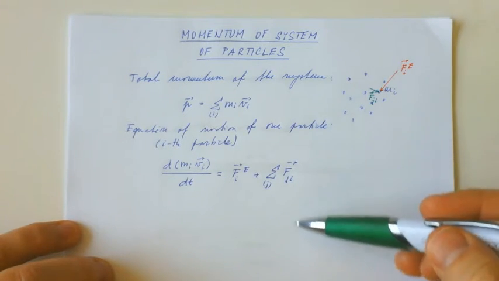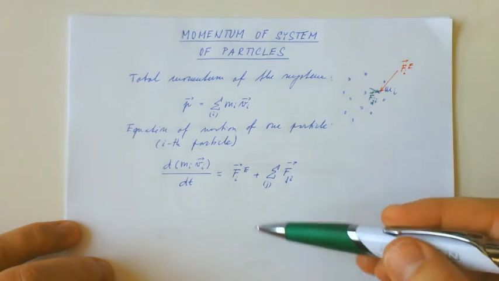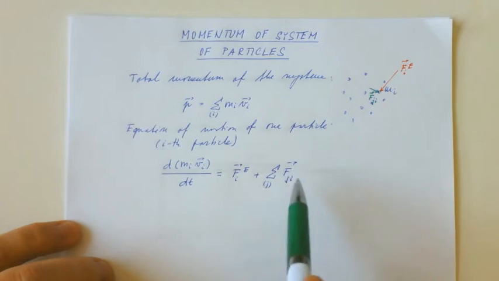So if we have n particles in the system, we can write n such equations. Okay, and after that we can sum all of these individual equations.